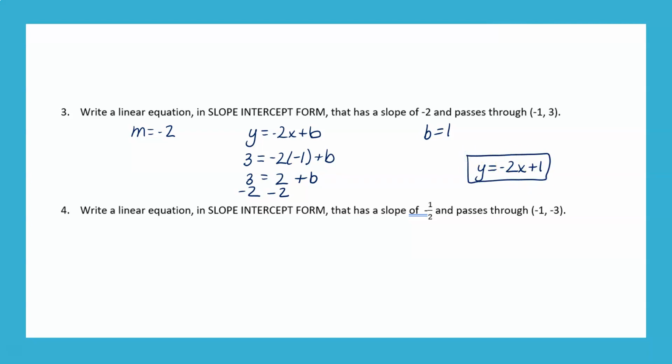Number 4, write a linear equation in slope-intercept form that has a slope of -1/2 and passes through the point -1, 3. So we're going to plug in what we know. We have the slope. Now we're going to use those points, the y and the x coordinates. So I have 3 equals positive 1/2 plus b.